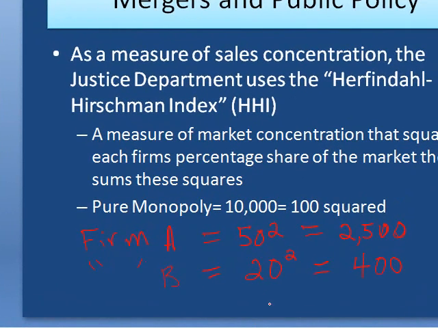Then you have a third one, firm C, that has 10% of the market. And then the rest of them: there are 20 other firms that each hold 1% of the market. So all other firms would be an HHI level of 20.